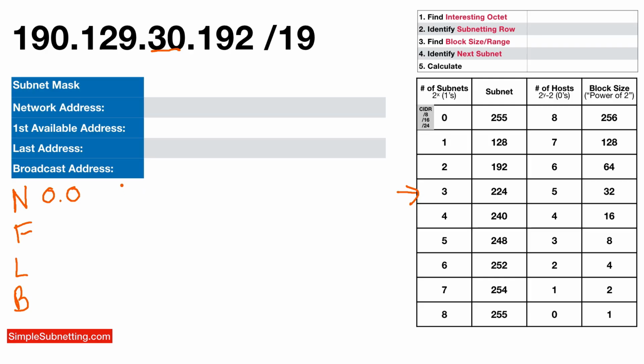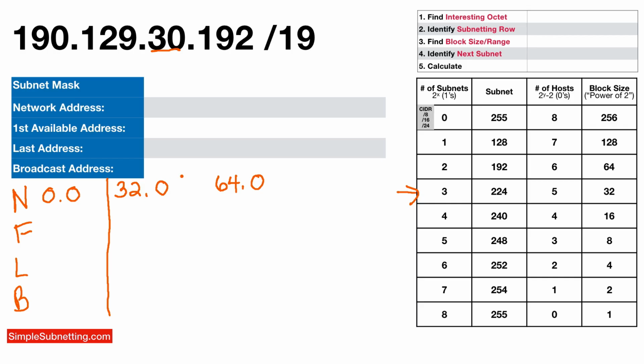And then the next one is 32.0. And then plus 32 is 64.0. Okay, that's enough. Now, where does 30 fall under? Which column does 30 fall under? So it actually falls under this first one. So we're going to solve for this one. And the next one is 32.0. So now we have everything we need to start solving.